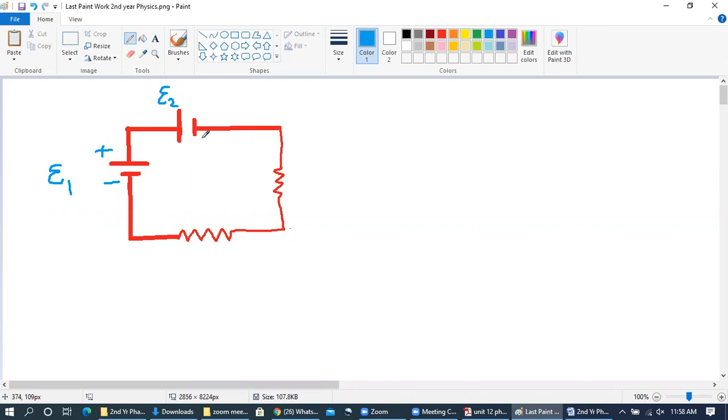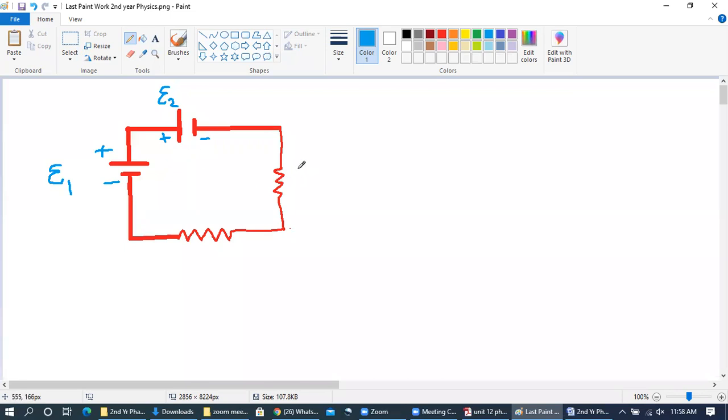The right side of this battery is negative because it is the smaller side, while the left side is positive because it is the longer side. I've already told you that realistically these are not smaller or longer, but only for the representation.